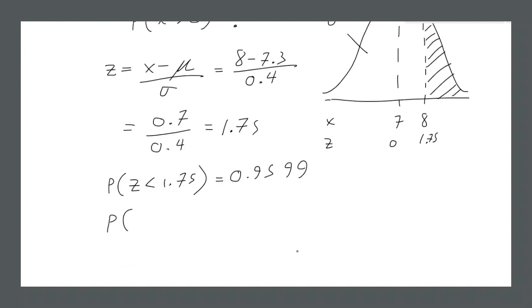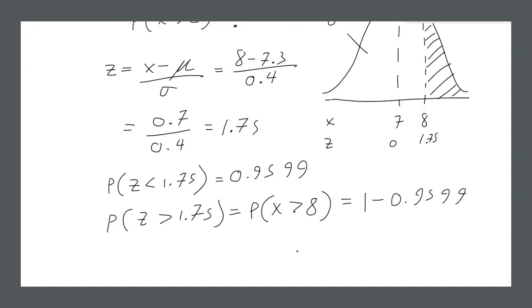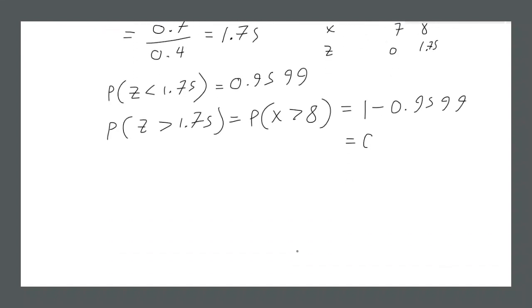So the probability that Z is greater than 1.75, which is the same as the probability that X is greater than 8, is going to be 1 minus 0.9599, which is 0.0401, or in percent form, 4.01%. And that's our answer.